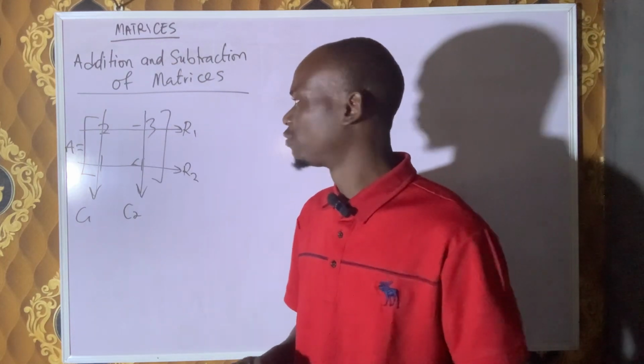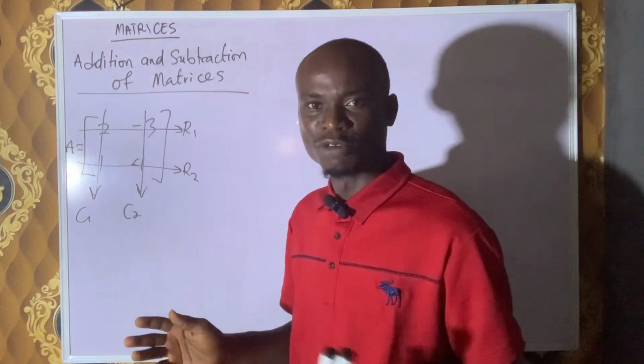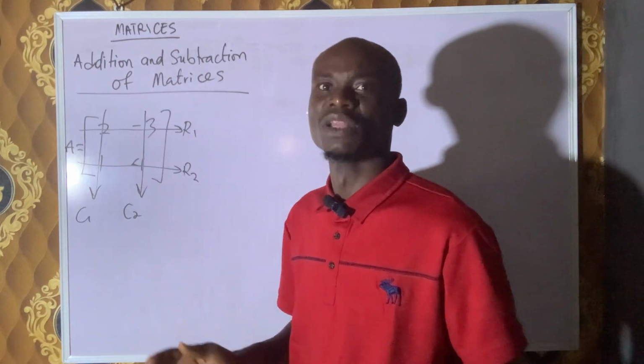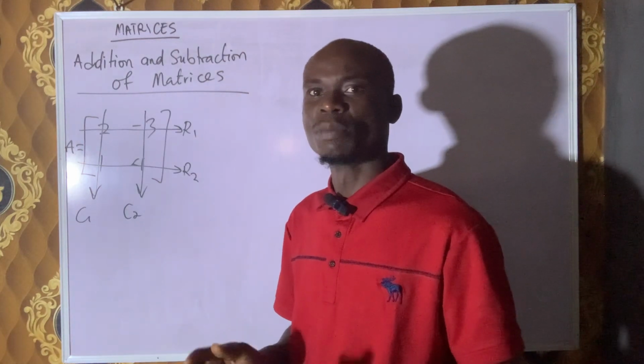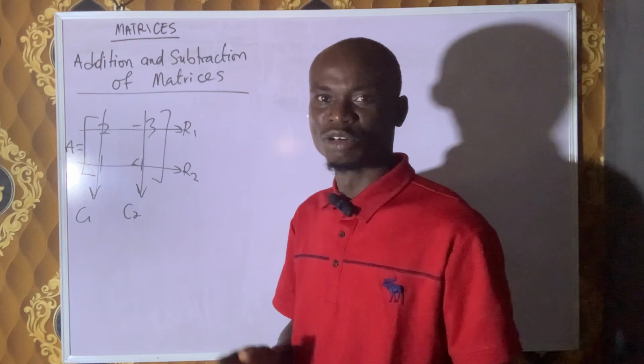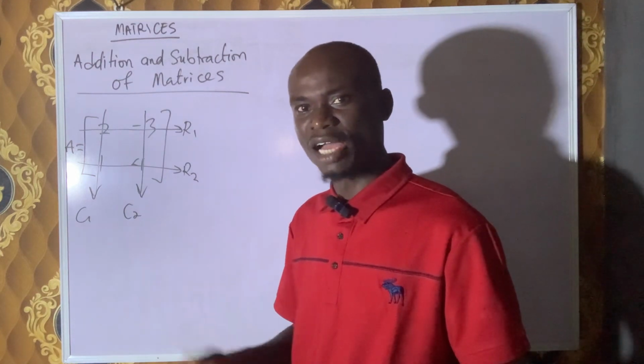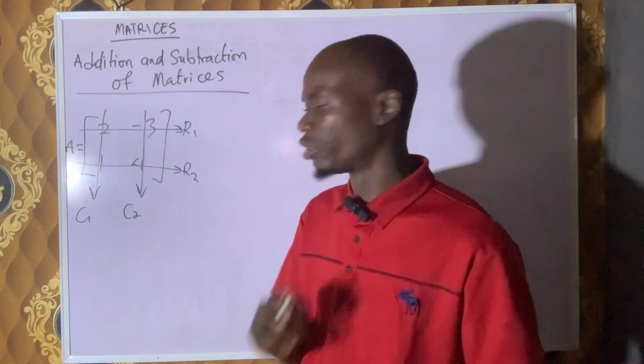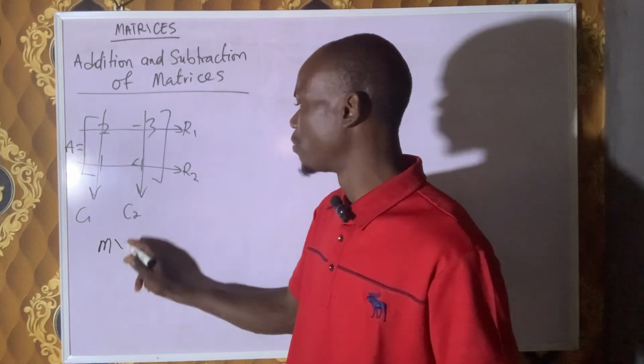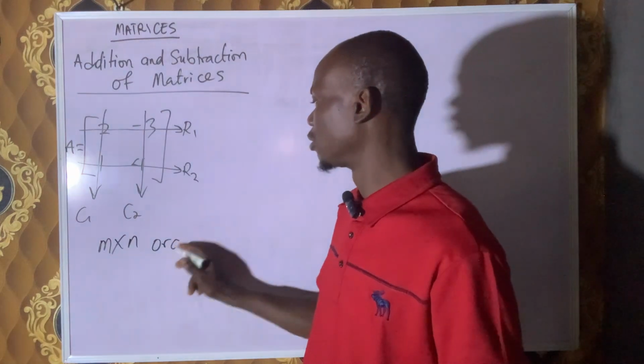And we have different types of matrices depending on the number of elements they have. The number of elements is described by the order. The order tells us how many rows and how many columns a matrix has. A matrix is usually represented by the m by n order.